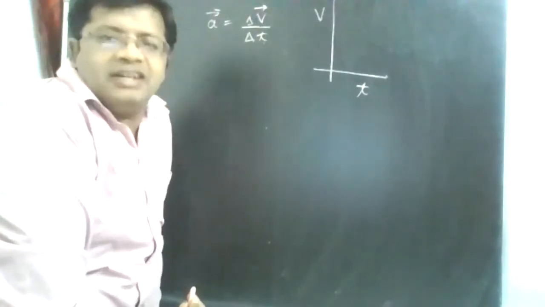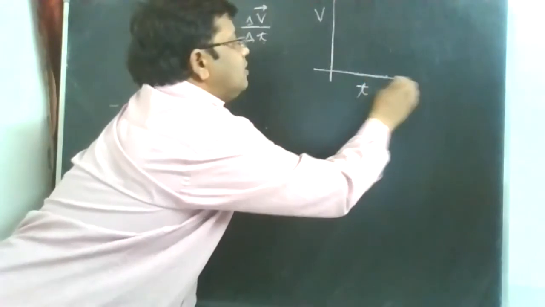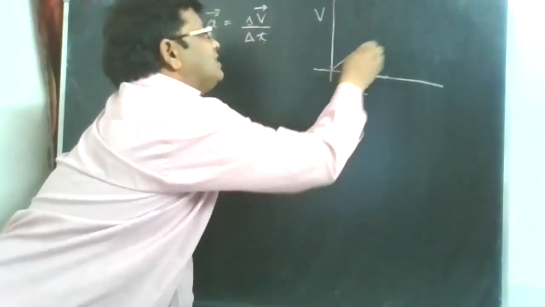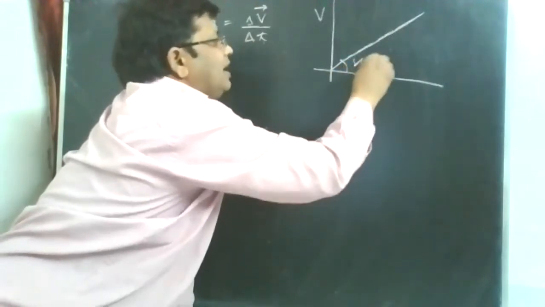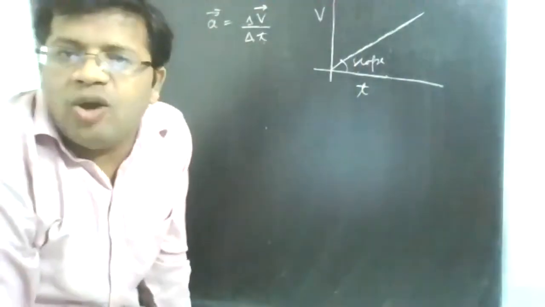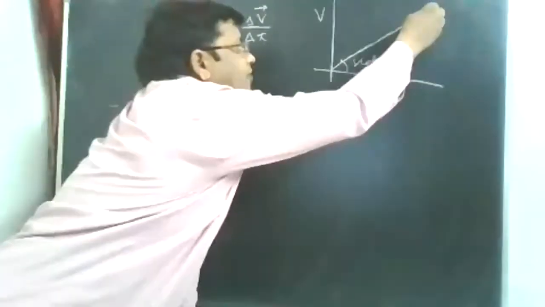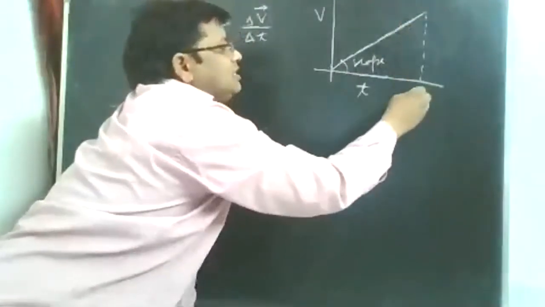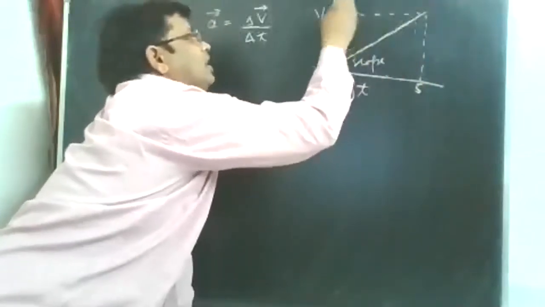If the graph is like this, then definitely the slope represents what? Acceleration. Slope represents acceleration.